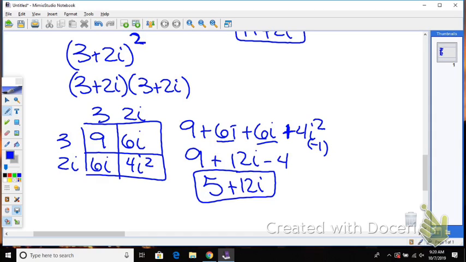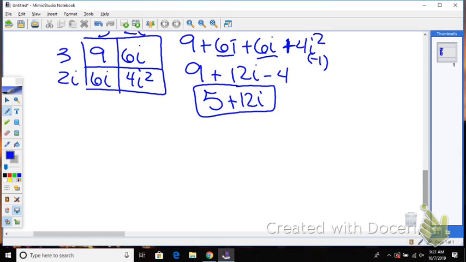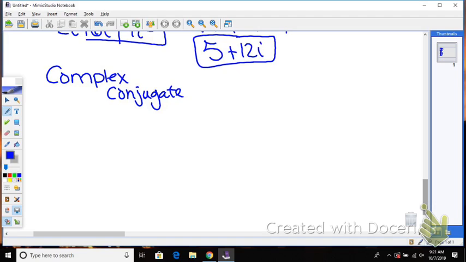Okay, last thing I'm going to show you, and we're not going to use this much until tomorrow. We're going to quickly talk about what a complex conjugate is, and then I'll let you guys go on your work. Complex conjugate is basically what we're going to use when we divide.